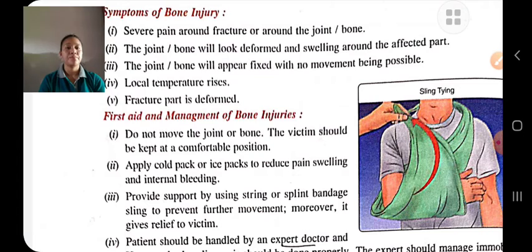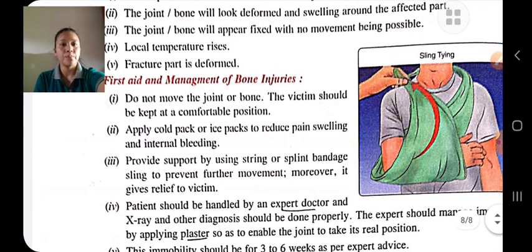First aid and management of bone injury. The first step is immobilization. Do not move the joint or bones. Complete rest: the victim should be kept in a comfortable position with no movement. Immobilize the joint or bones.